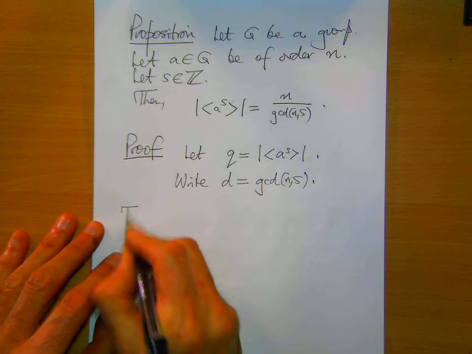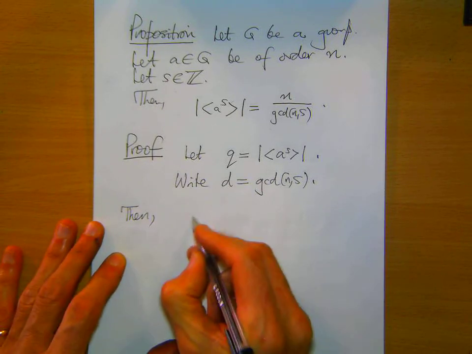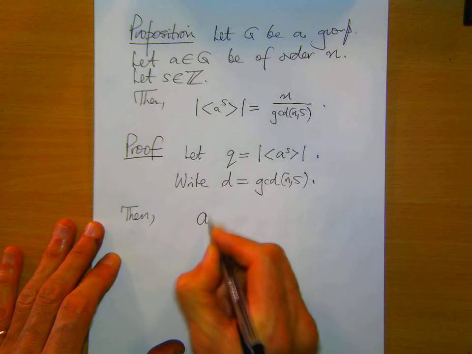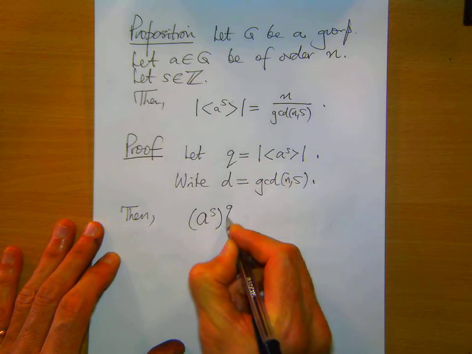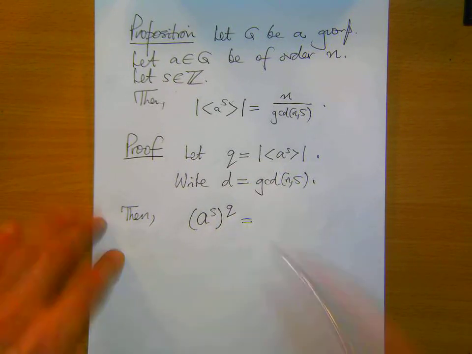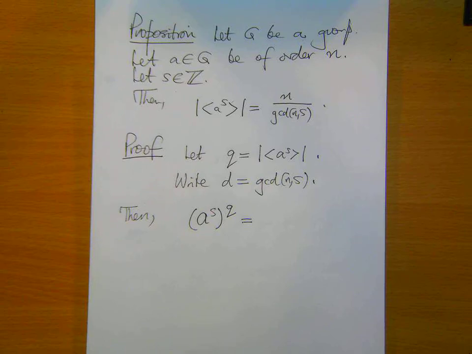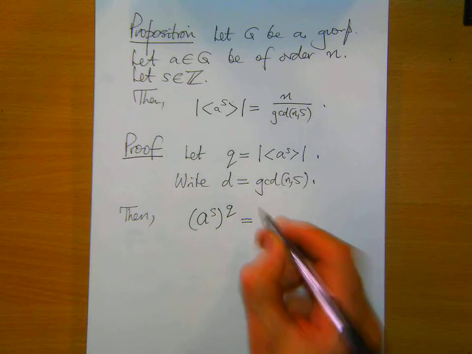Then, if I look at a to the s all to the q, what do I get? Well, a to the s is some element of the group, and it's got order q. So a to the s all to the q must be the identity.